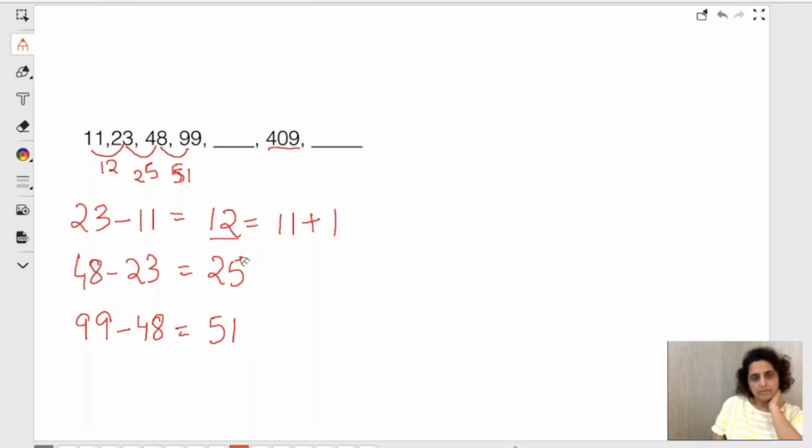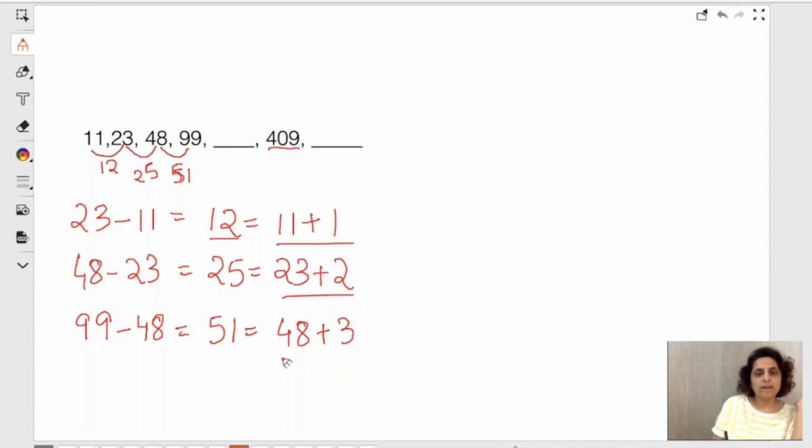Here we have 25. We can write 25 as 23 plus 2. Here the preceding number is 23, so 23 plus 2. That's what the difference is. And 51 is 48 plus 3.